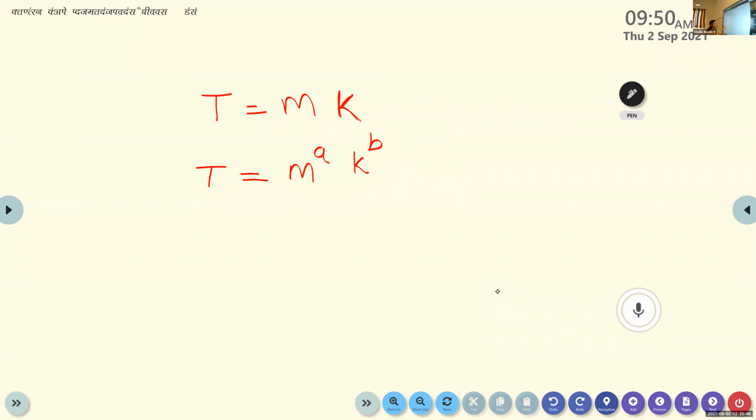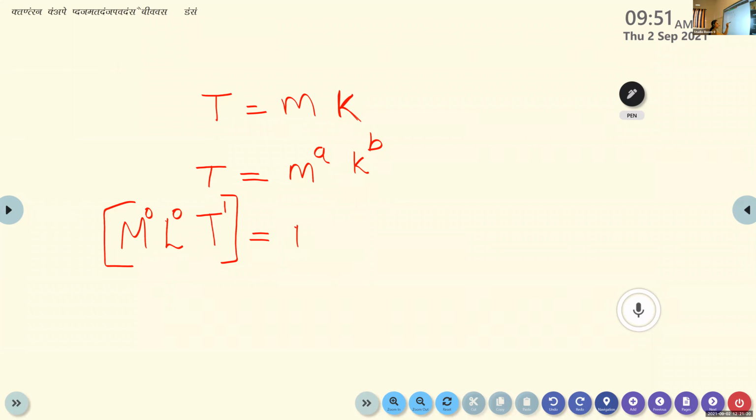So here in the LHS we have only the time period. Is mass present here? No, so we take M raised to 0. Length is also not present, so L raised to 0. But time is present, T raised to 1. What about the RHS?